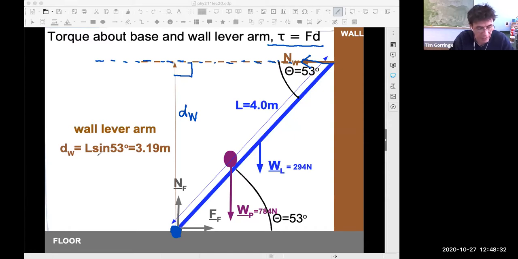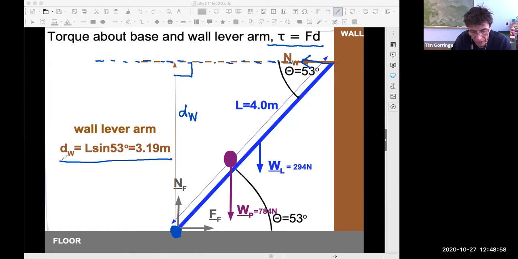It's the length of the ladder times sine of 53 degrees, and here it is. We're going to use this wall's lever arm when we calculate the torque exerted by the wall. It's a handy way of calculating the torques using the lever arm.